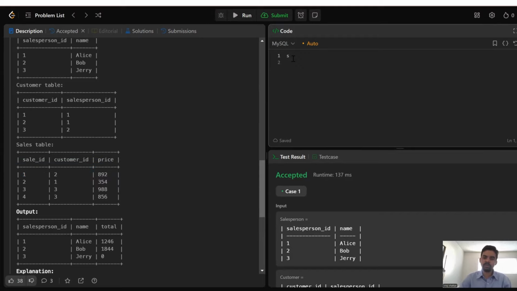So let's do it. Now the second thing: for this particular new table that we are going to generate, we don't need the customer ID and the sales ID. Of course, we do need the customer ID for joining it, but as an output, we don't need it. So you could save some of your space along with it.